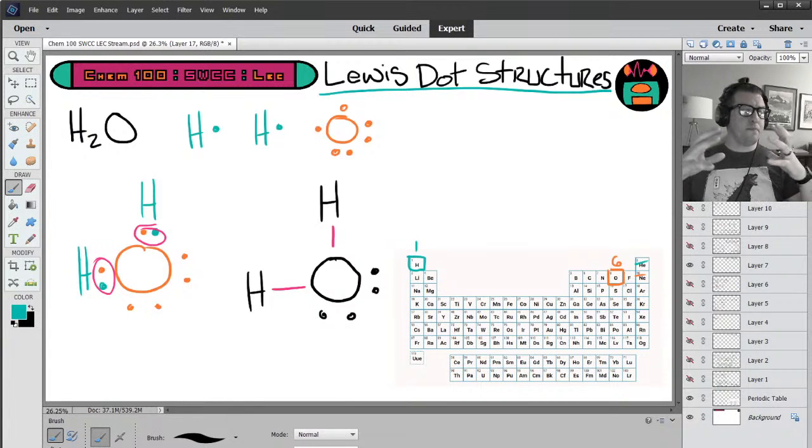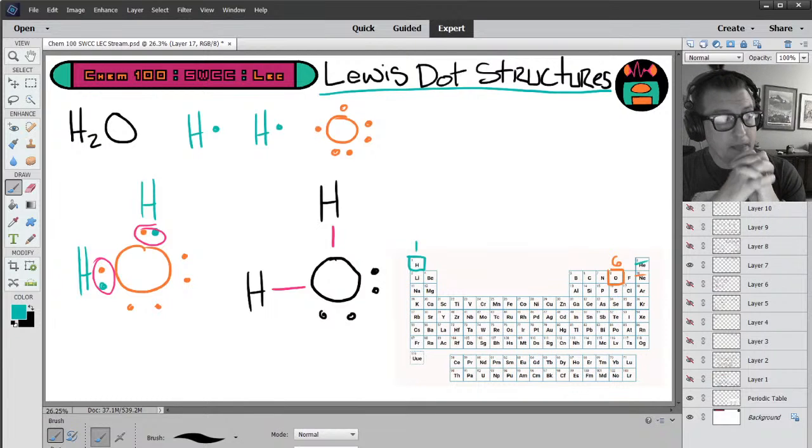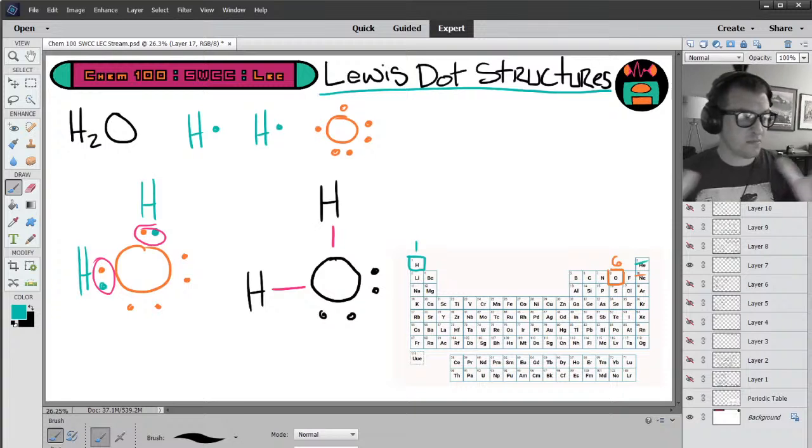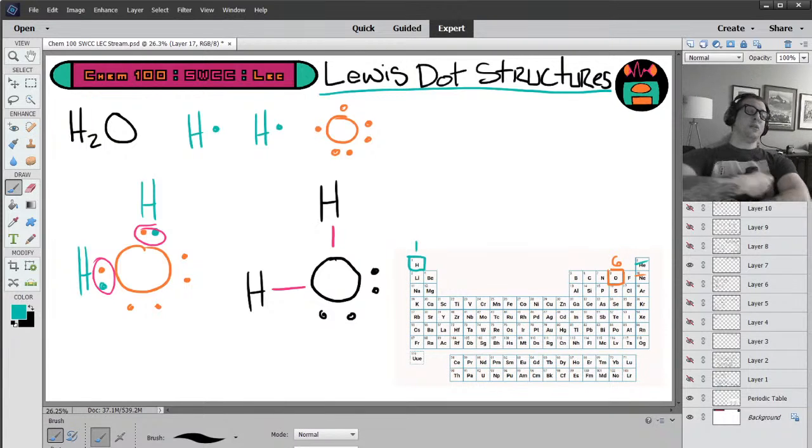Now, this is one way of using Lewis structures to build out larger structures for molecules. But if I'm going to be totally frank, it's a little bit limited, especially for the types of structures that you will need to draw in this class. So I'm going to show you a different way of doing it.